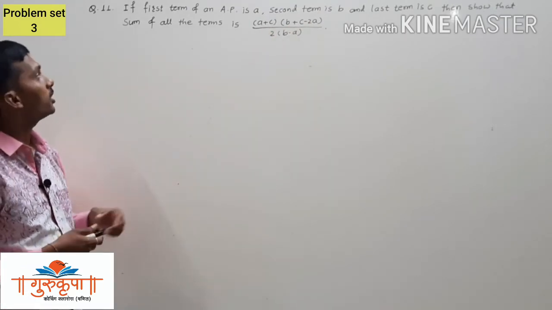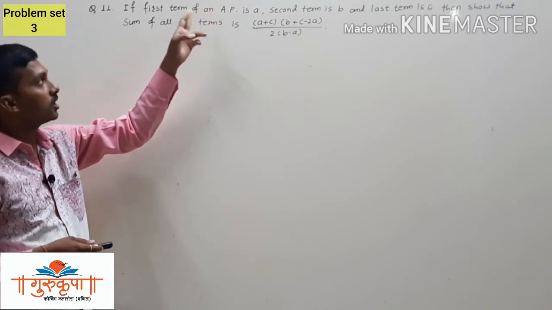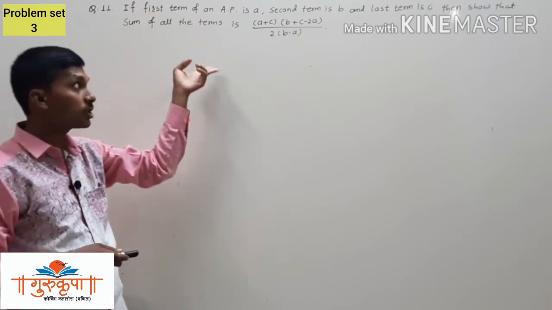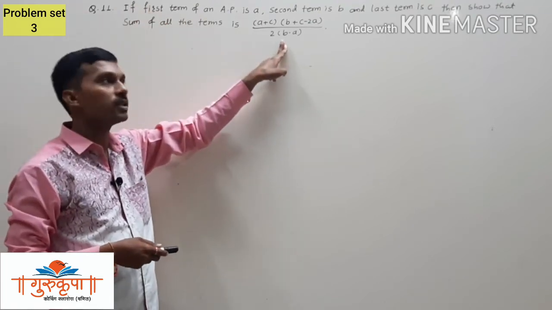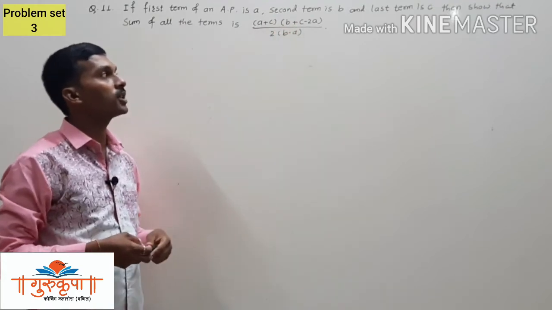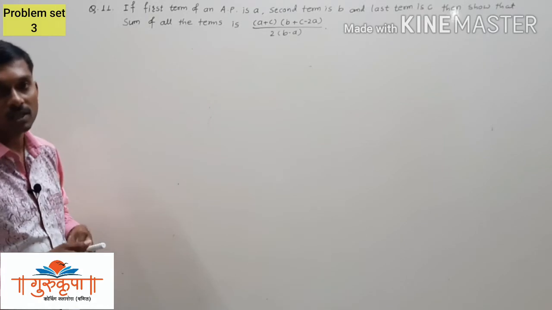We have to find the sum of all the terms in that AP, and we have to show that that sum, that is Sn, is a plus c into b plus c minus 2a divided by 2 into b minus a.